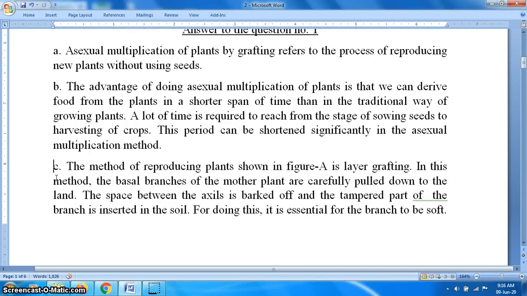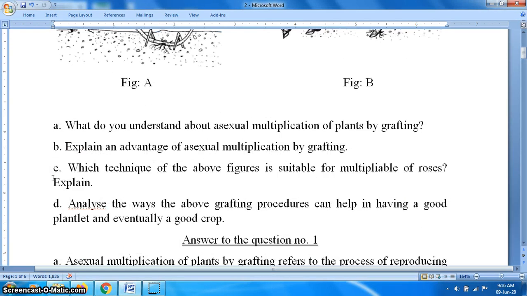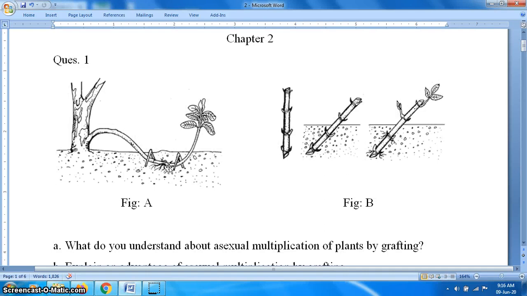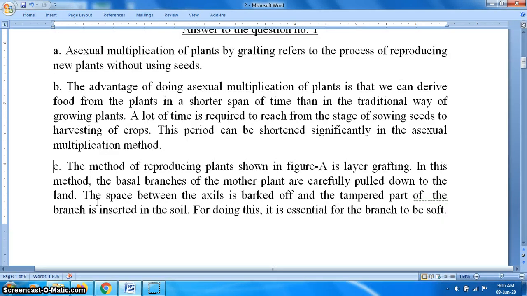The method of reproducing plants shown in figure A is layer grafting. That means this is layer grafting. In this method, the basal branches of the mother plant are carefully pulled down to the land.